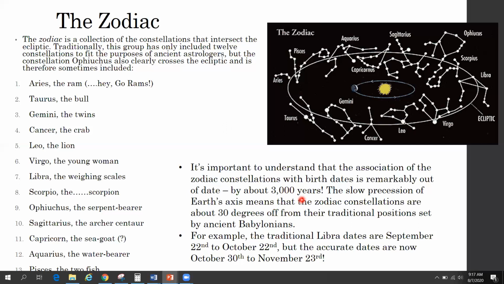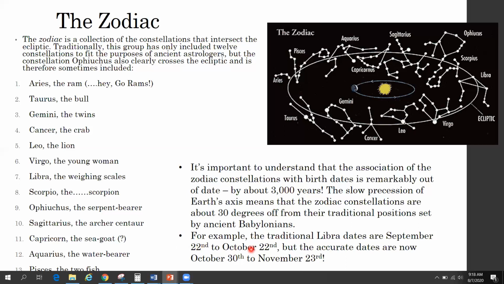And enough time has passed since they did that that the Earth's North Pole, its rotational axis, has precessed, like we talked about earlier, about 30 degrees off from where it was when they came up with this system. What that means, as a practical example, is that the traditional Libra dates that the ancient Babylonians set up are from September 22nd to October 22nd.